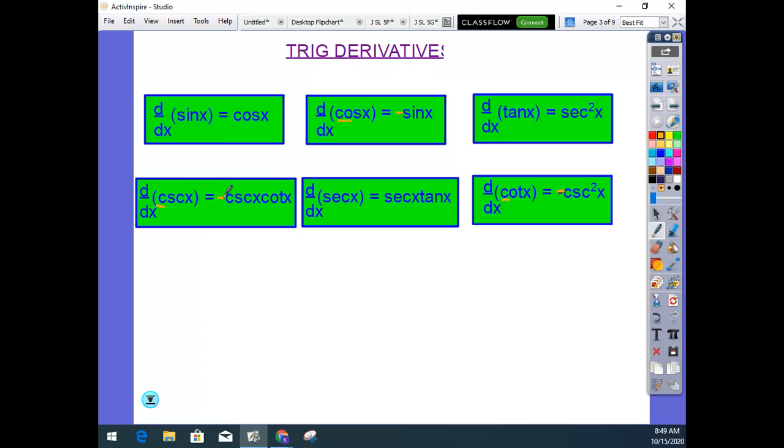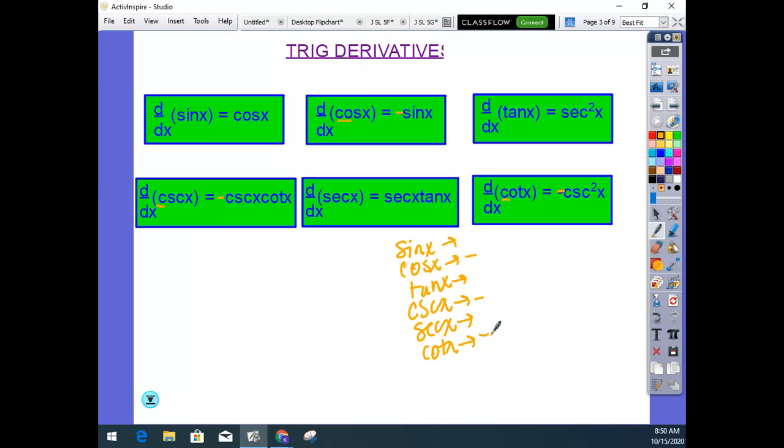So a lot of times what I do, I write the 6 down vertically: sine, cosine, tangent, cosecant, secant, cotangent. And then I just start filling stuff in. First of all, the cos are negative. All the other ones are positive.